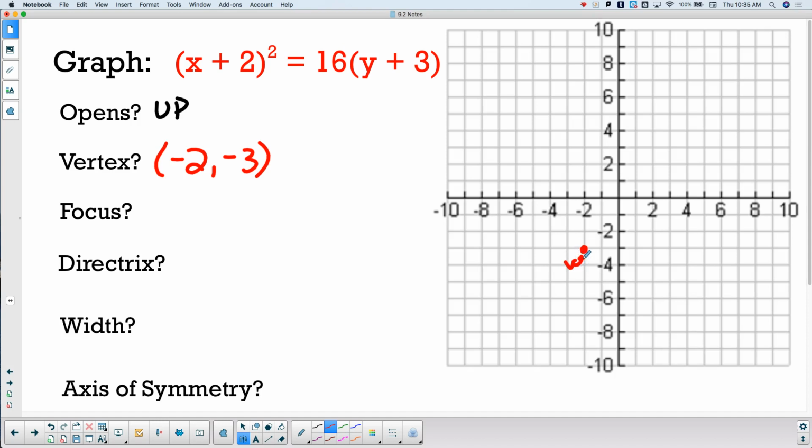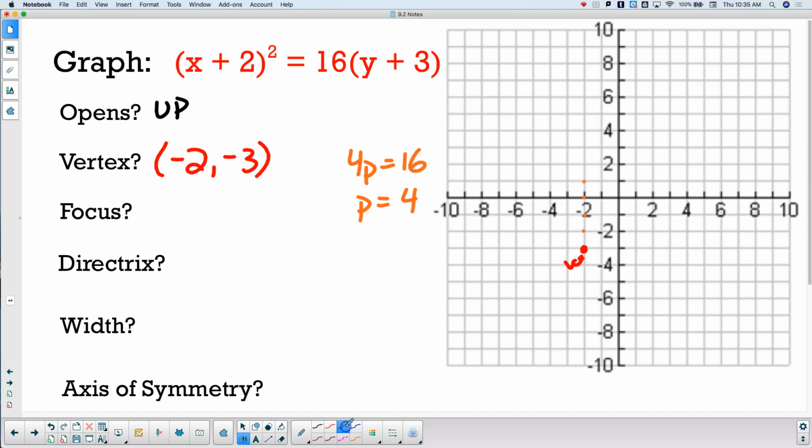Sophia, next step. So how do I find the focus? What's P? 4, because 4P is equal to 16, right? So that means P is equal to 4. Okay? So since it opens up, my focus is going to be 4 up.